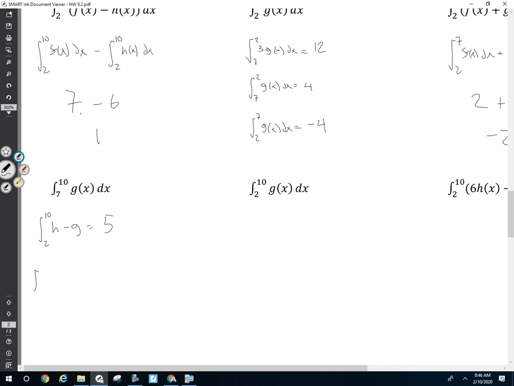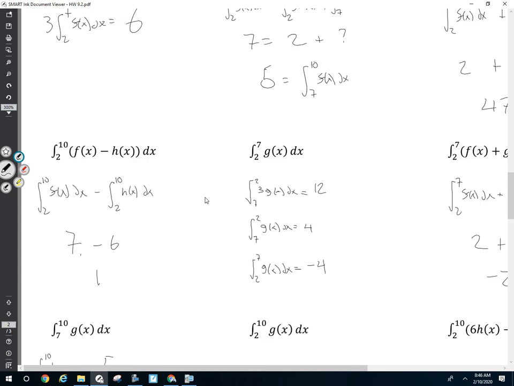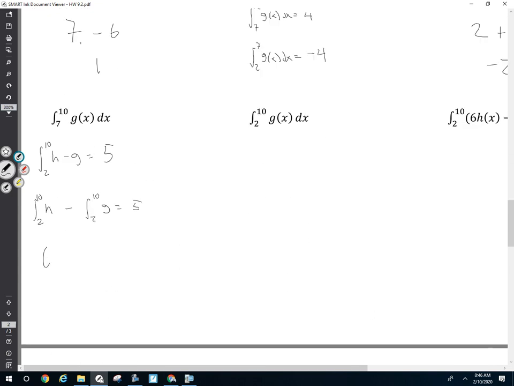So that's 2 to 10 of h minus 2 to 10 of g is 5. Do I have 2 to 10 of h? I do. I have 6. Do I have 2 to 10 of g? No. But I could find it.